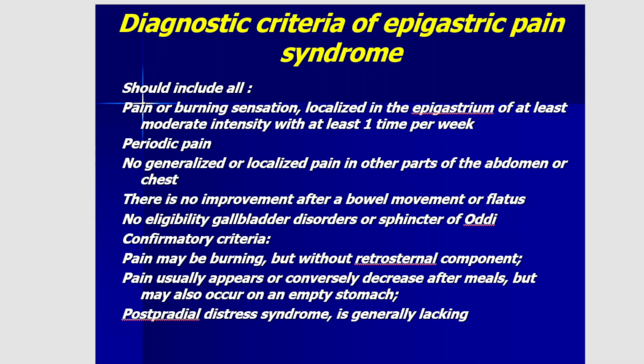Confirmatory criteria: pain may be burning but without a retrosternal component. Pain usually appears or, conversely, decreases after meals but may also occur on an empty stomach. Postprandial distress syndrome is generally lacking.